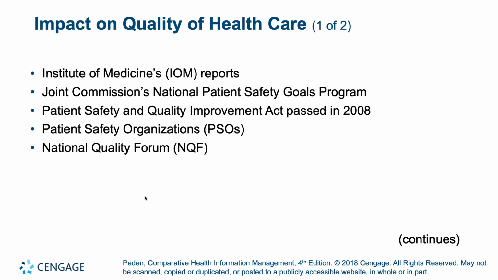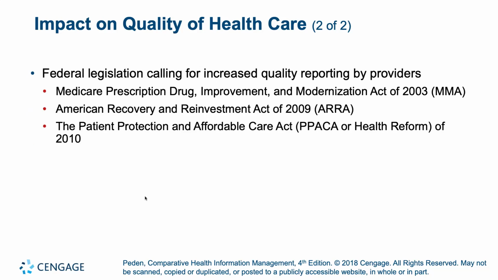There are patient safety organizations called PSOs. There's NQF, National Quality Forum. There's Leapfrog. There's just a number. You could probably name another 10 and still not hit the end of the list. But moving on, federal legislation called for increasing quality reporting by providers, and that has been done through these acts that you see here.